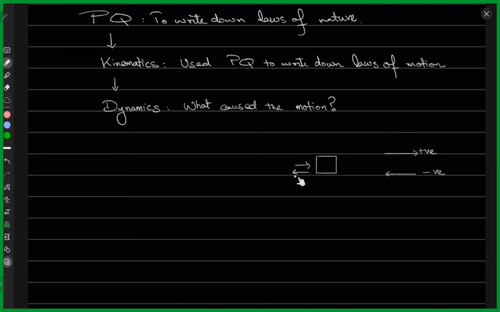So push or pull, right? These are the only two things which I can do to this box. Maybe I can apply this push or pull from this direction, maybe from this direction, push or pull from this direction, push or pull from this. So we have infinitely many directions, really, if you think about it. But you can only do two things. You can push or pull.